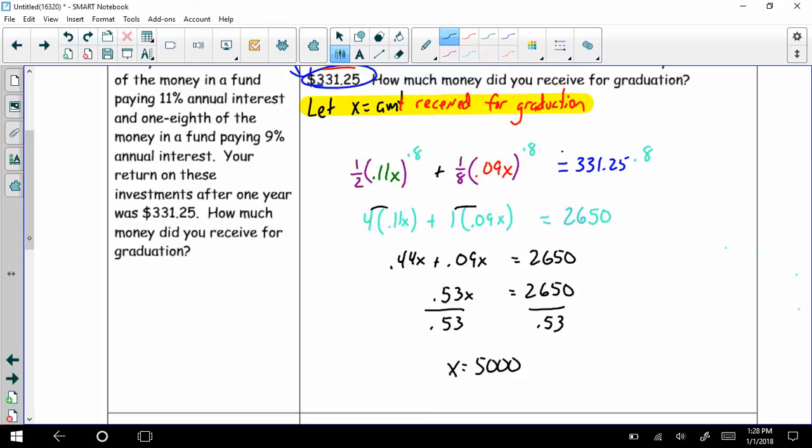And so looking at our initial question, we want to know how much money we received for graduation. Well, that's what we said our let statement was going to be. Remember, I changed that. I made my mistake initially. And so our x actually represents the answer to the question. And we received $5,000 for graduation.